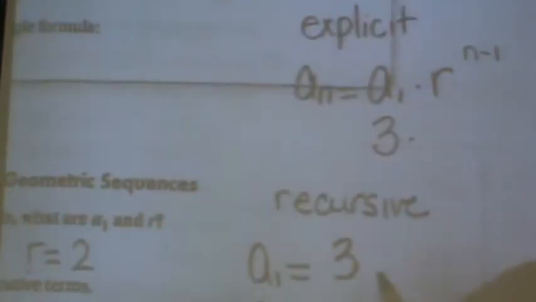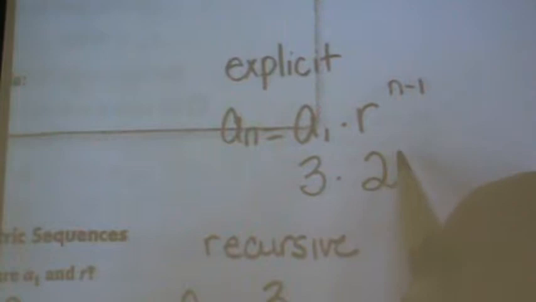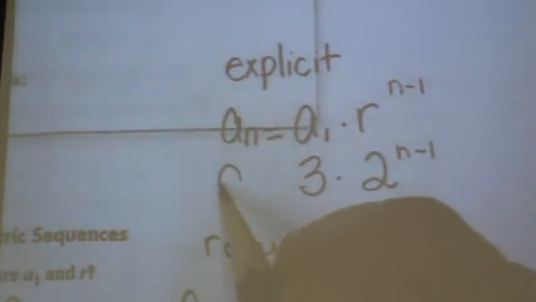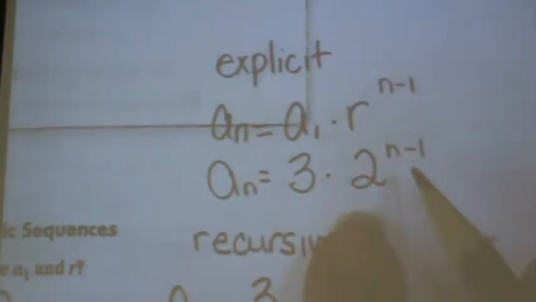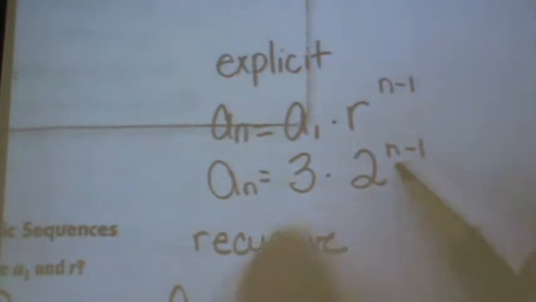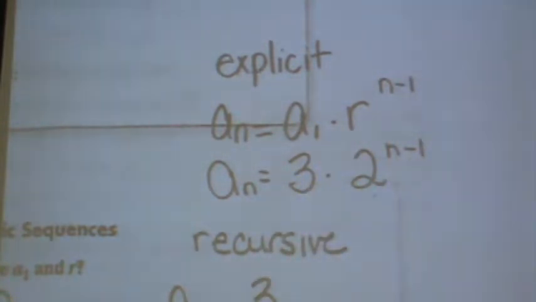You state the first term, and the first term in the sequence is 3. And you multiply it by the ratio to the n minus 1 power. So 3, and the ratio we said is 2. So if I wanted to find the 50th term in the sequence, you take the ratio, you raise it to the 49th power, and you multiply by the first term. That's how you do those. So the power is always going to be the term you're looking for, minus one. One less.